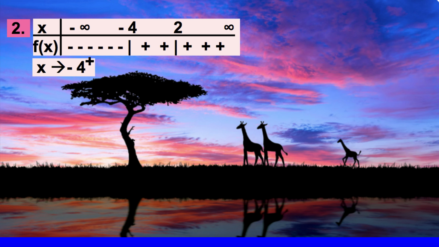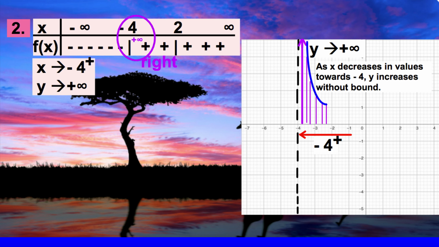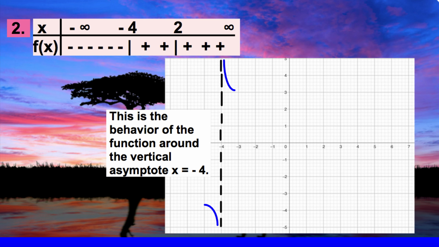When x approaches negative 4 from the right, y approaches positive infinity. As x decreases in values towards negative 4, y increases without bound. This is the behavior of the function around the vertical asymptote x equals negative 4.